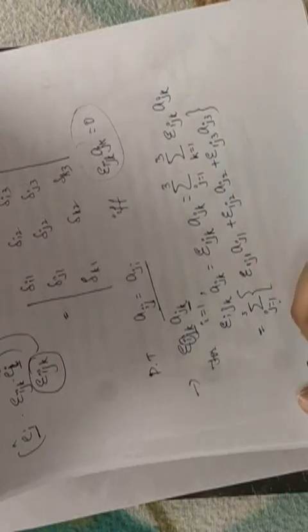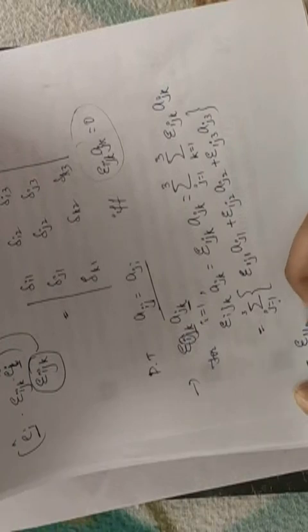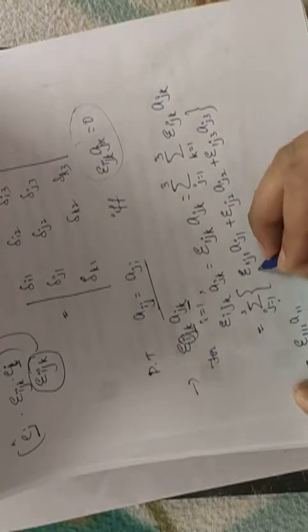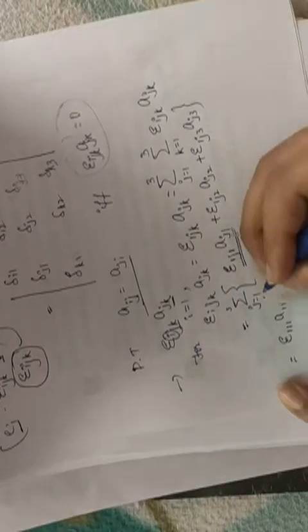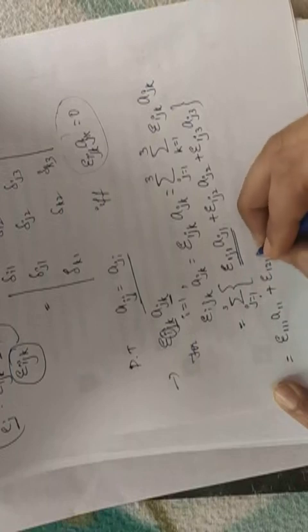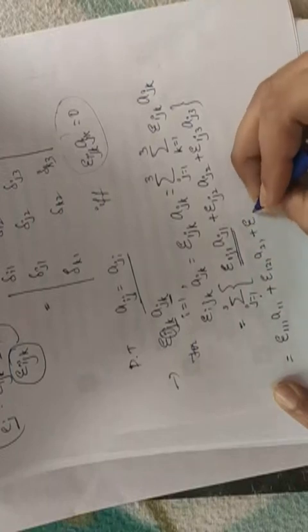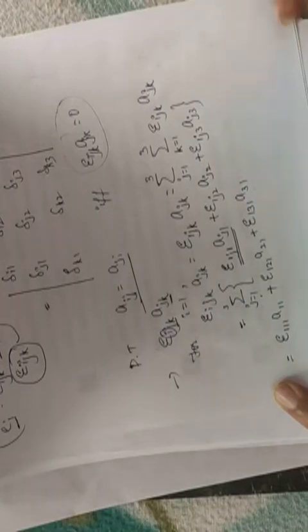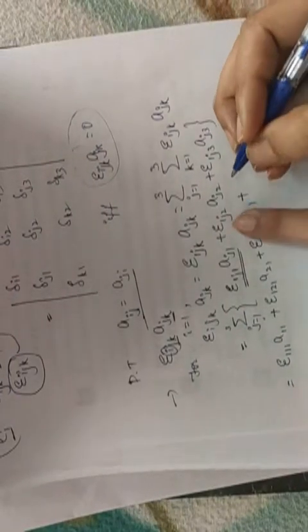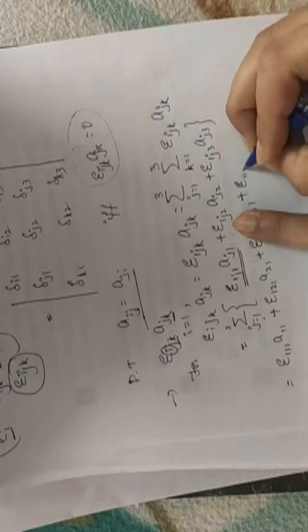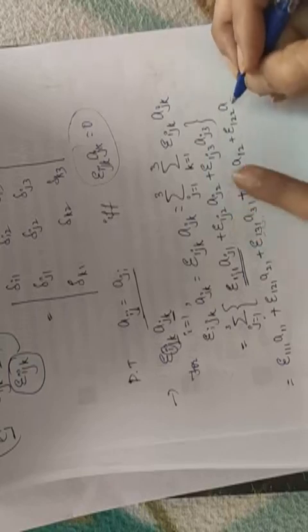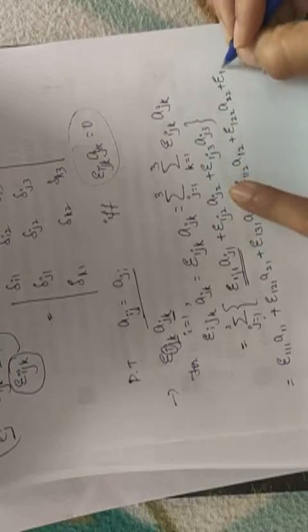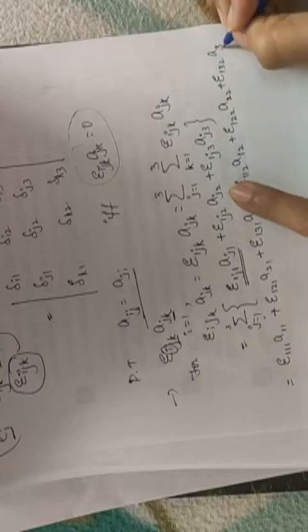So this will become epsilon 111 a11, expanding for j in the first term, plus epsilon 121 a21 plus epsilon 131 a31. Similarly, for the second term, epsilon 112 a12 plus epsilon 122 a22 plus epsilon 132 a32.